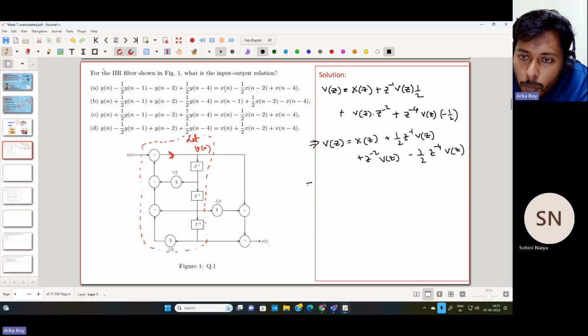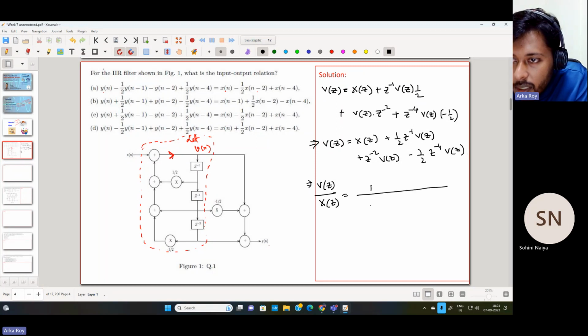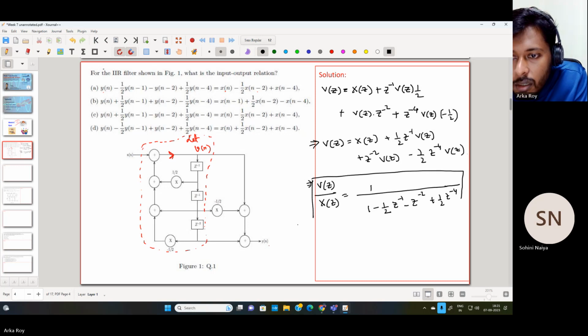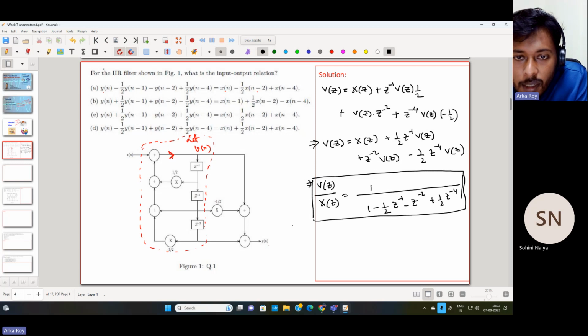So I can form V(z) upon X(z), and I can write it as 1 divided by 1 minus half z inverse minus z to the power -2, and it will be half z to the power -4. Okay. So this is one particular transfer function, which is written in the z domain, obviously.